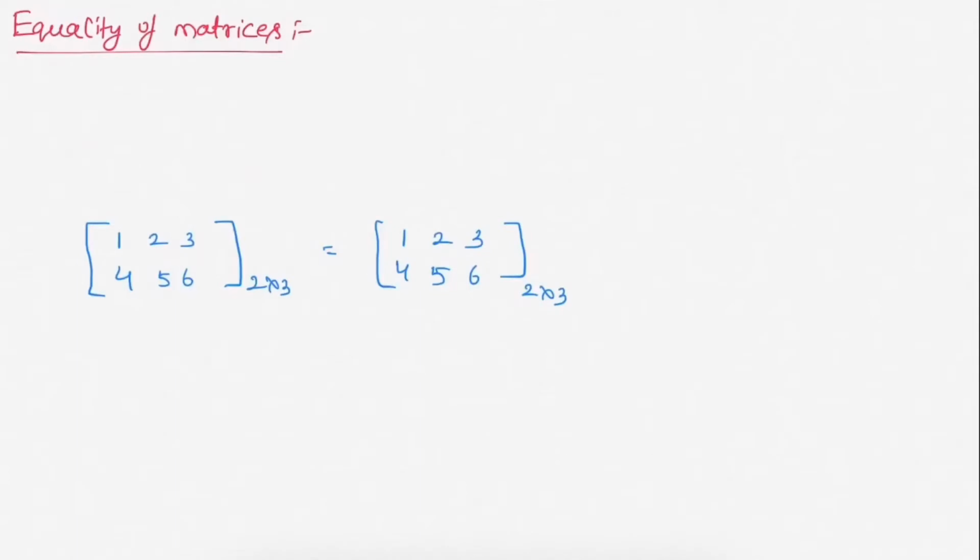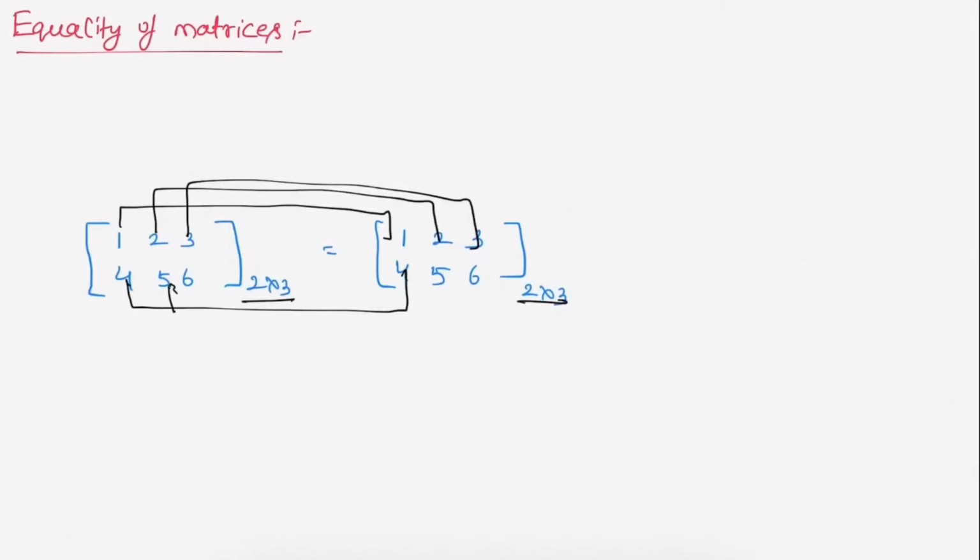So if two matrices are equal, then they should have the same order and their corresponding elements should be equal. Only then can we call the two matrices equal.